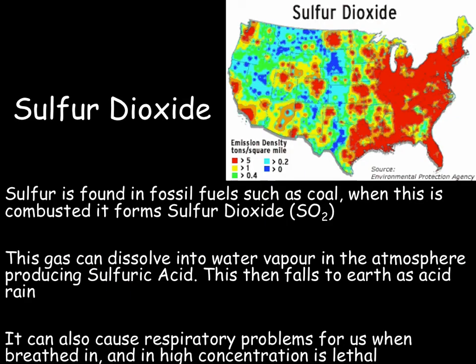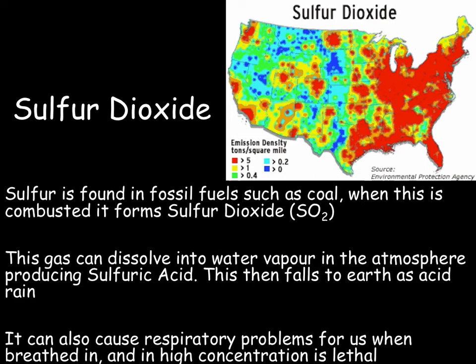Carbon dioxide, carbon particulates, and carbon monoxide are not the only products formed when fossil fuels burn. Sulfur is found in lots of fossil fuels such as coal. When this is combusted, burnt in oxygen, it forms sulfur dioxide. Sulfur dioxide is a poisonous gas, but more importantly, it can dissolve into water vapour in the atmosphere to produce sulfuric acid.